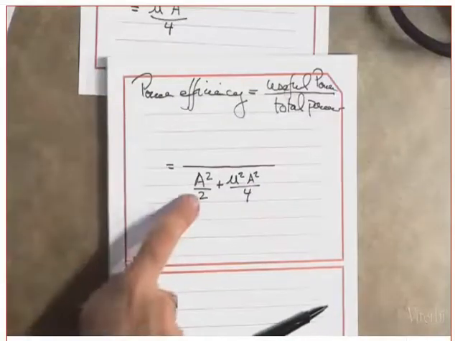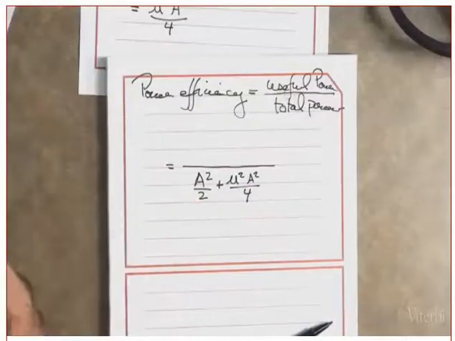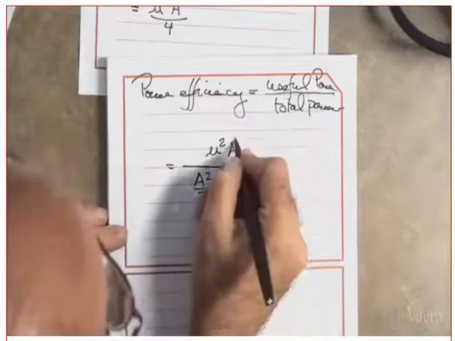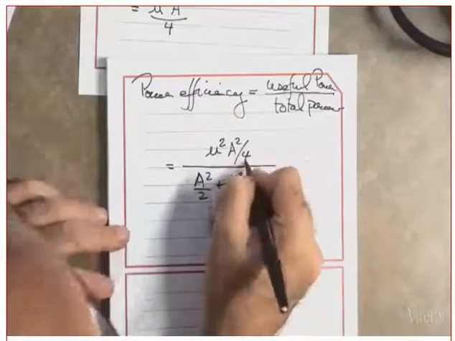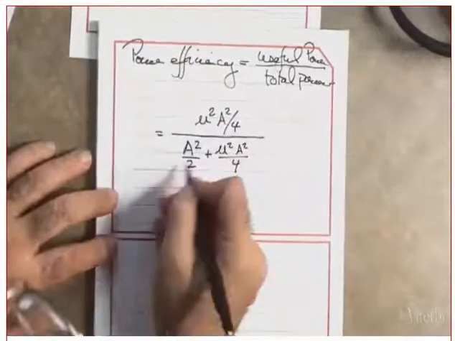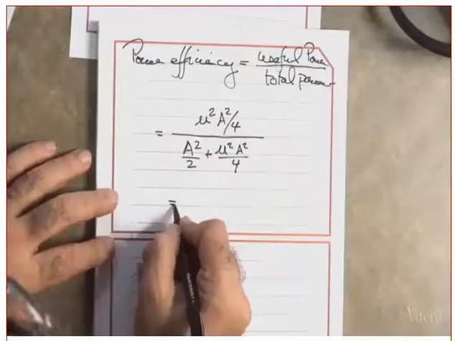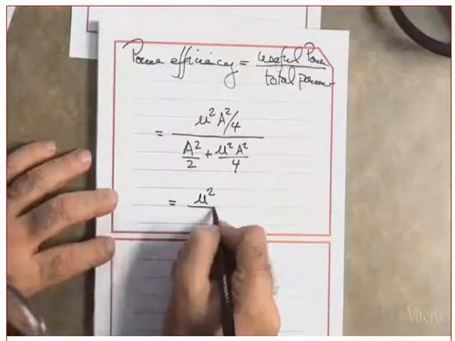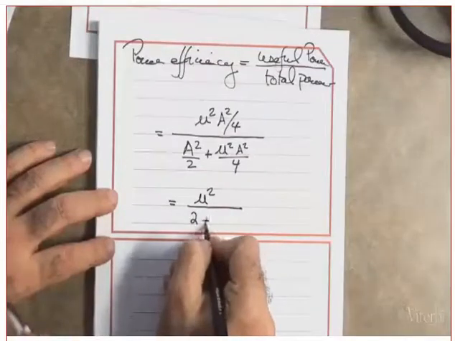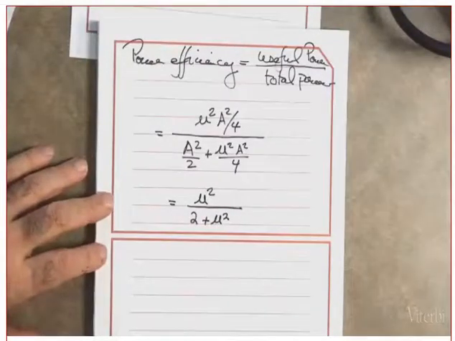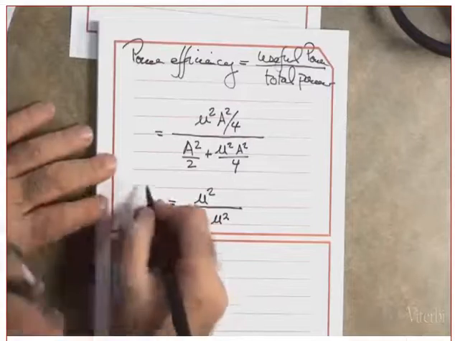Where did this come from? That's the carrier power. And the numerator is just what? Can I factor the A squared outside? So what do I get? Agree? This is the power efficiency.